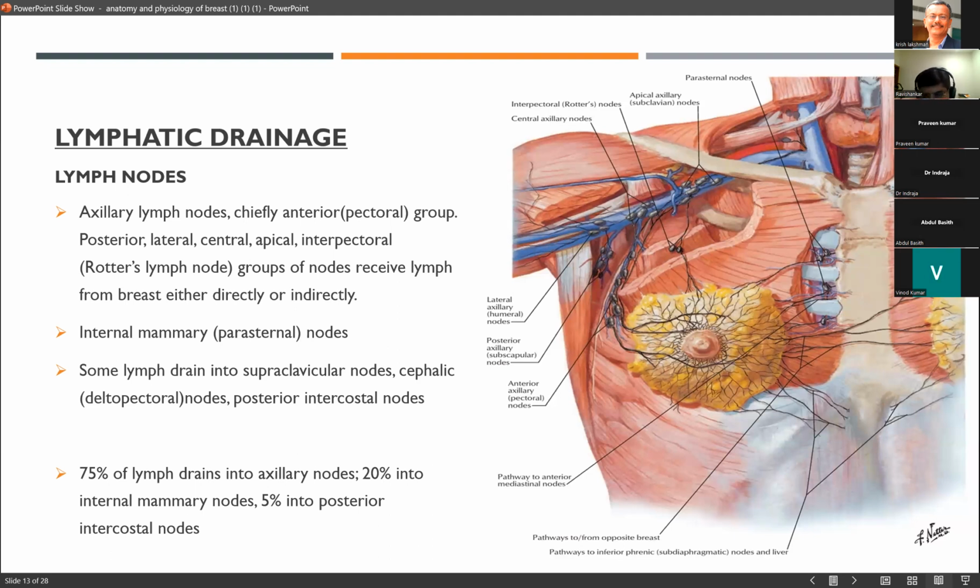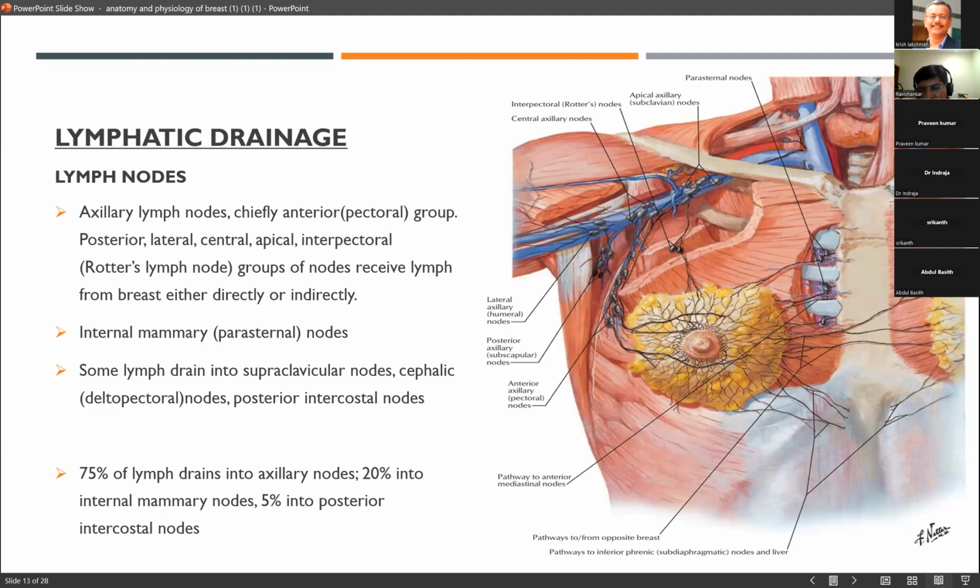Any idea which part of the breast drains into axillary, internal mammary and posterior intercostal? Generally, the pattern is that the upper outer and the lower outer quadrants, the nipple areola complex, all of these, about 70% of the breast, are believed to drain to the axillary nodes.